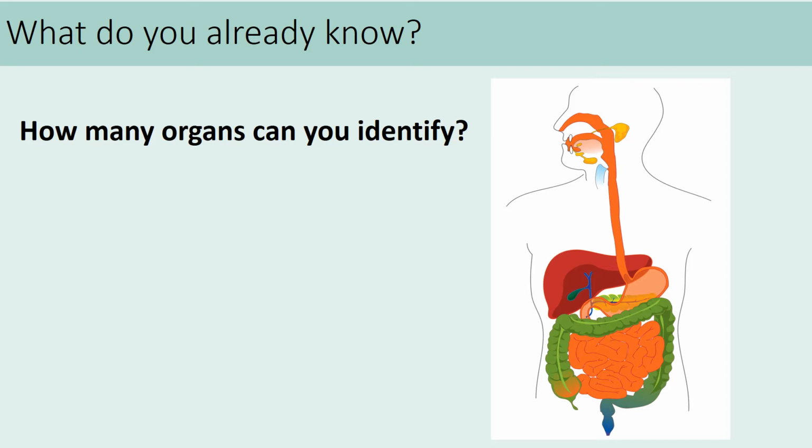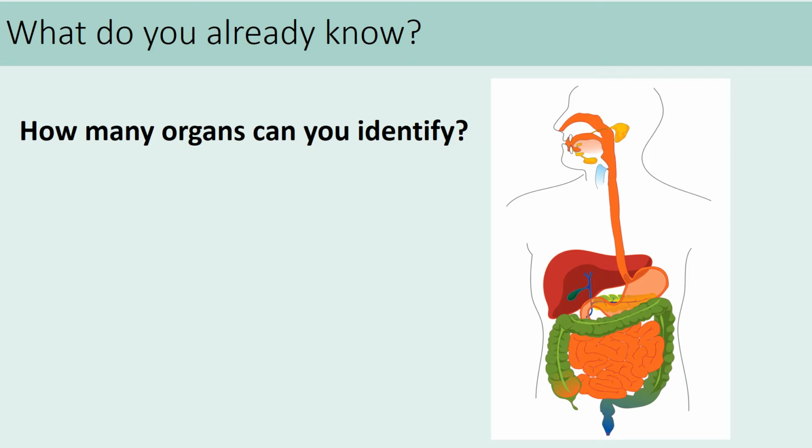So some of the organs you might have been able to identify, or not just organs, we've got some areas as well. You've got the tongue and the mouth at the top, which are inside the oral cavity. Those yellow structures you can see towards the top are going to be the glands. Going from the mouth down to the stomach, you've got the esophagus.